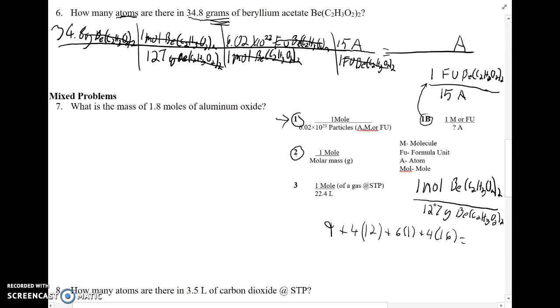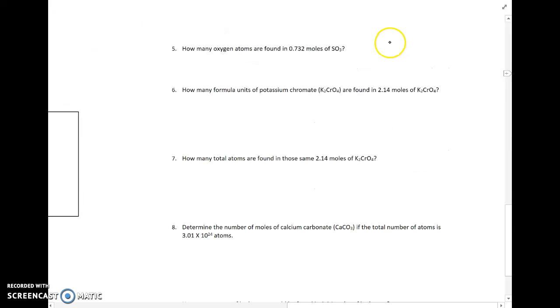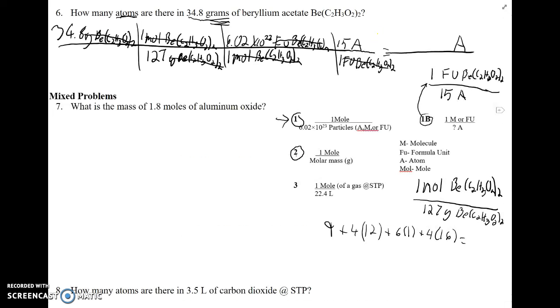If I divide that by 127, I would get 2.47 times 10 to the 24th power atoms in 34.8 grams of beryllium acetate.